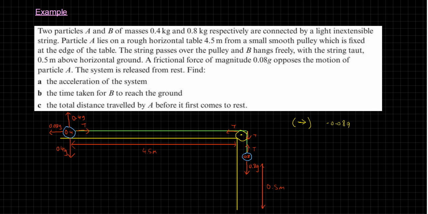Then we've got t here going right, so add t. Then we've got this t here going left, so we can take that one away. It's going to cancel. And now imagine that you're just running along this string, which is going along the pulley. So from left to right, what have we encountered? The 0.08 g, the t, we keep going, the t, and then if we follow the string along, we get to this t.